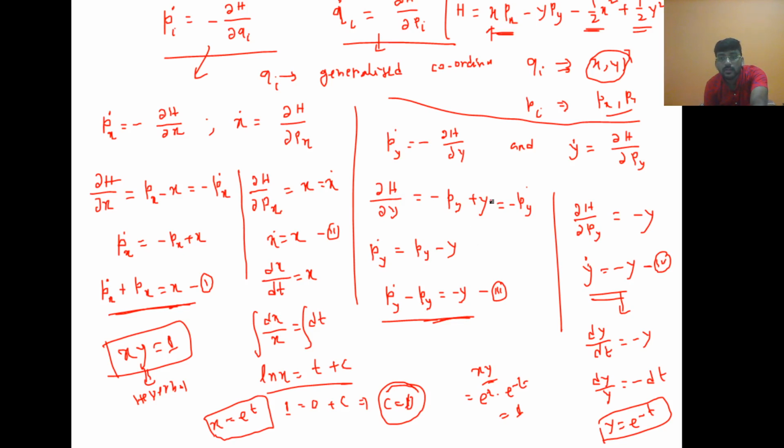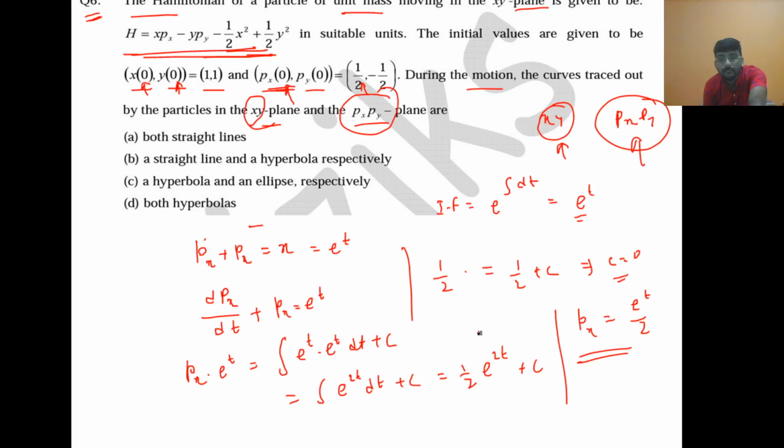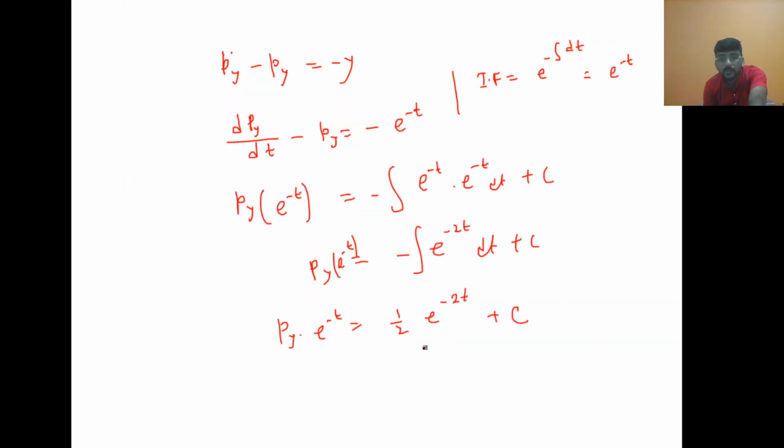So here is py dot minus py is equal to minus y. Okay, py dot. So we have px is equal to e to the power t by 2, and py at t is equal to 0 is minus half.